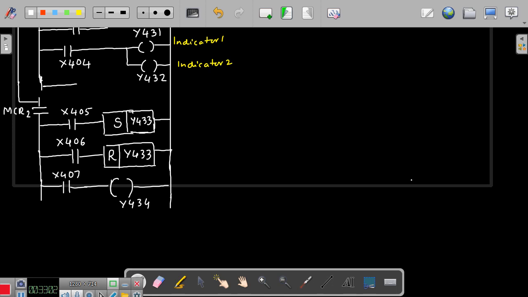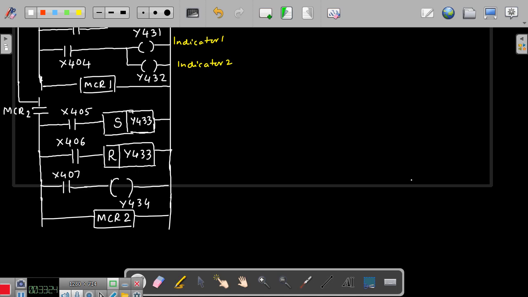I think we have used that MCR1, and here I'll be using MCR2, master control relay reset 2.